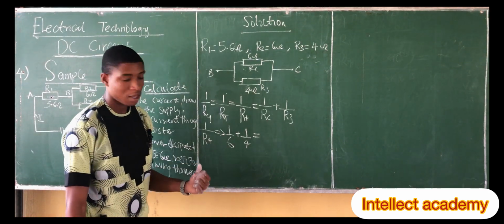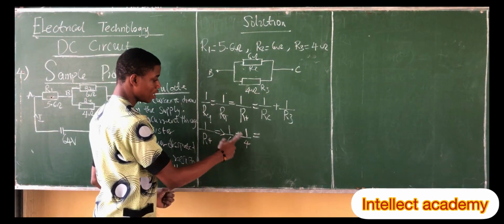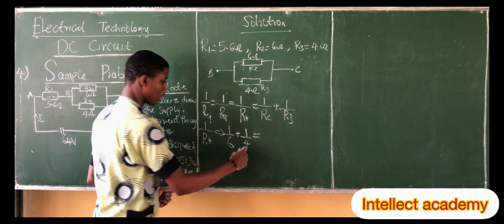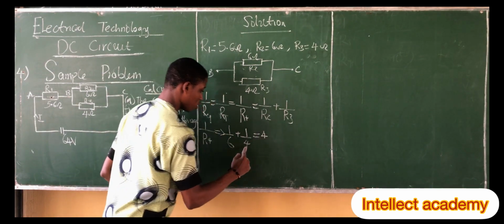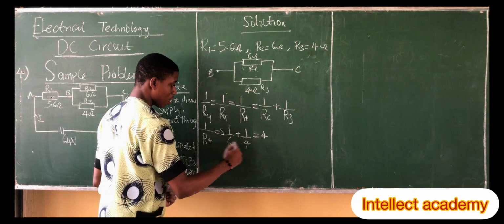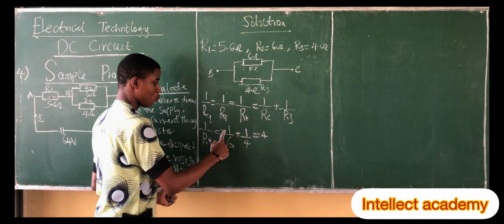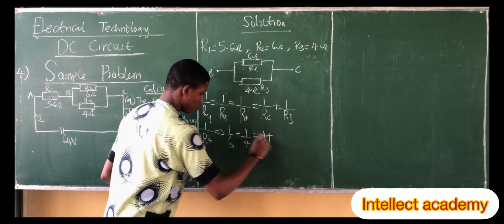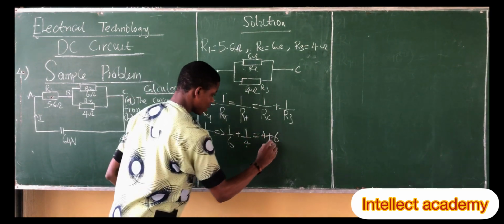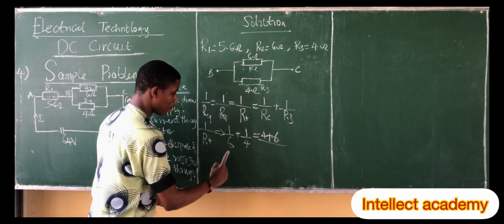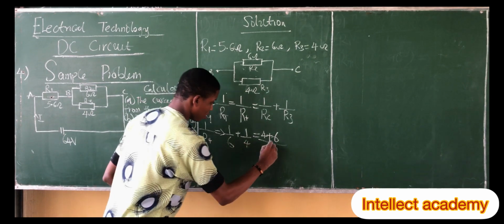We do the LCM here. Multiply this by this, multiply this by this, we have 4 plus 6, then multiply both of them: 4 times 6 is 24.